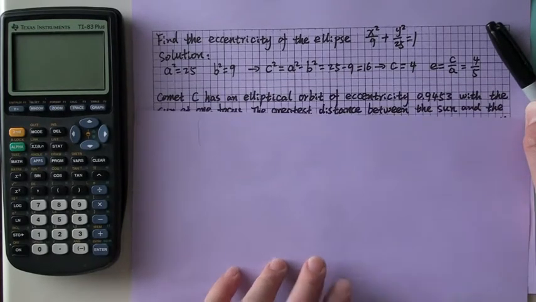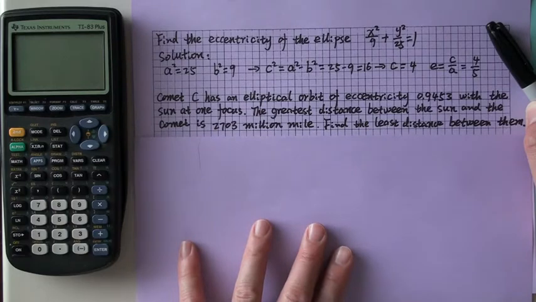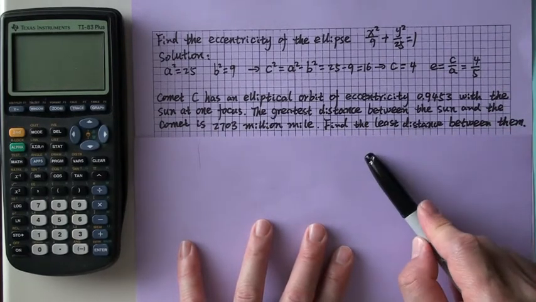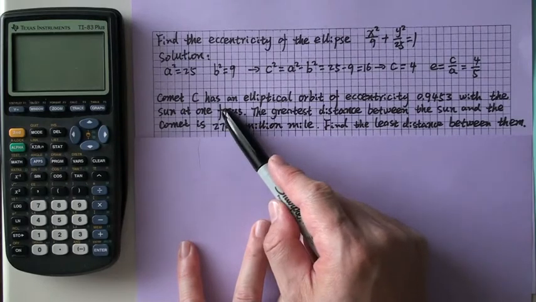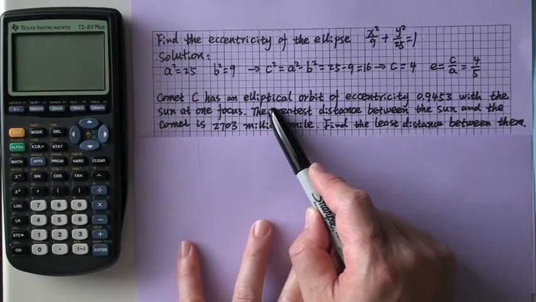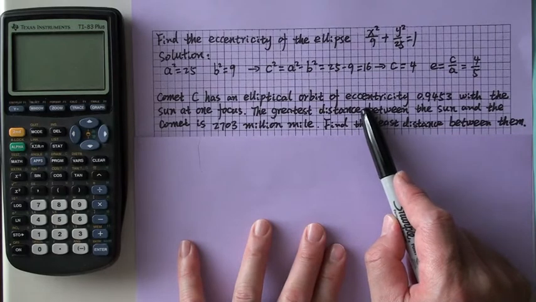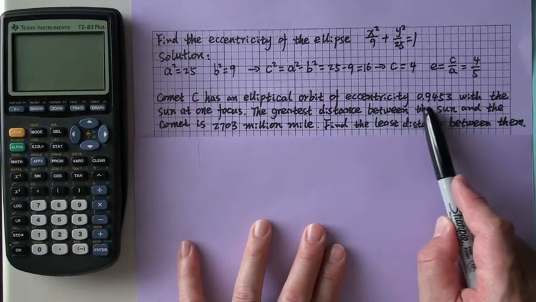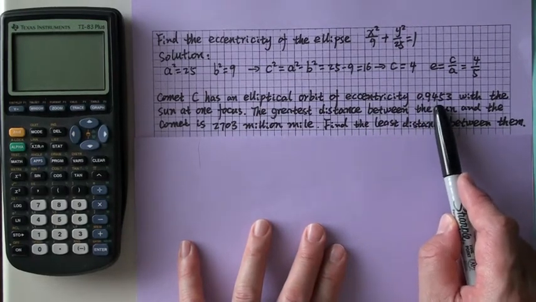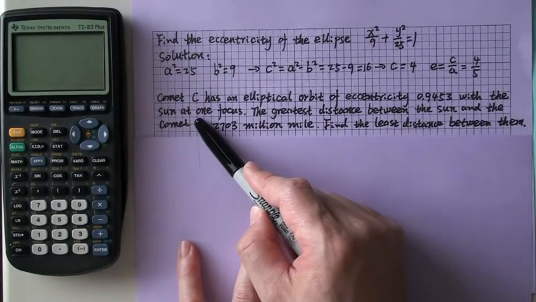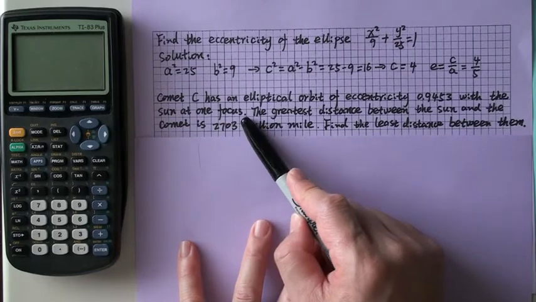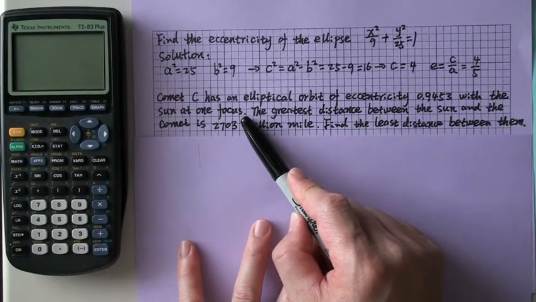Now, here is the third example. The third example is that comet C has an elliptical orbit of eccentricity 0.9453 with the sun at one focus.